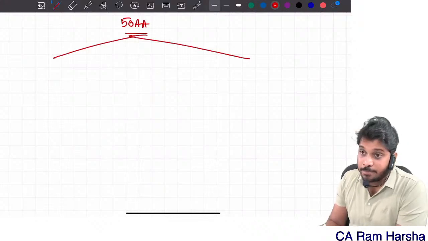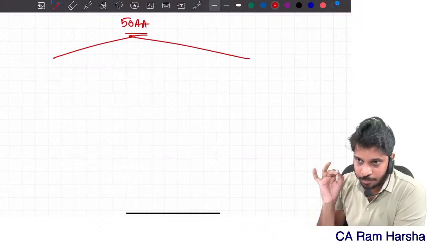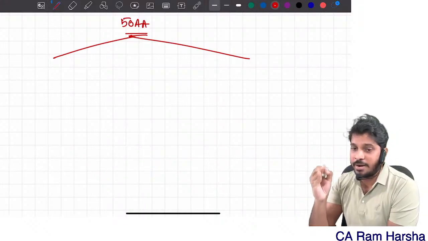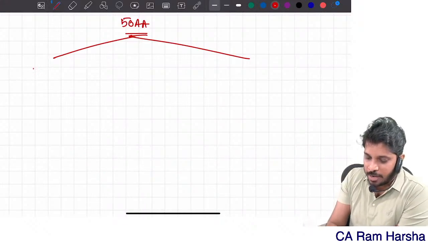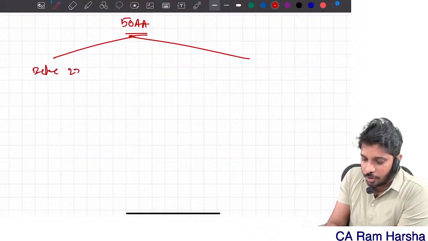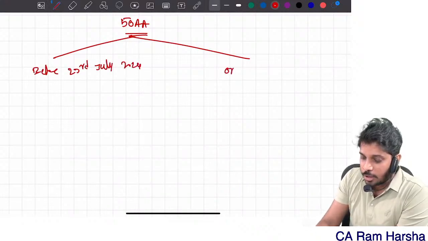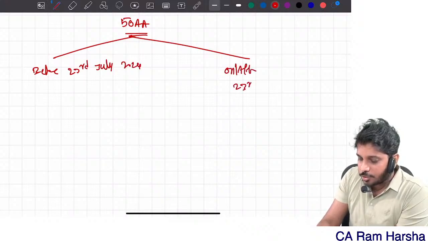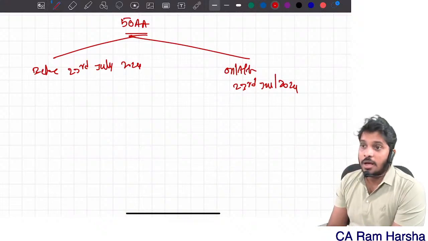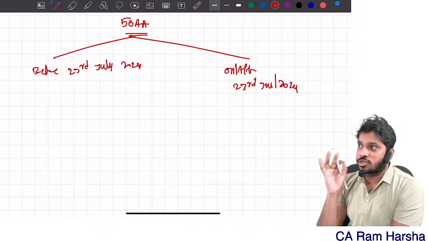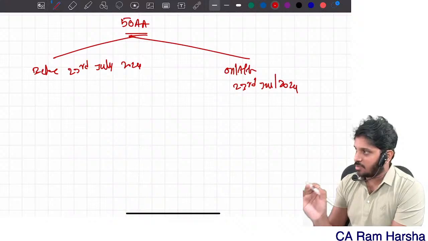I am talking about before amendment and after amendment. Before amendment means before 23rd July 2024, and after means on or after 23rd July 2024. 23rd July is the most important date in capital gains, remember.